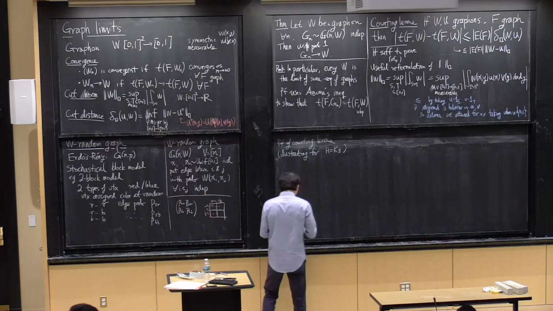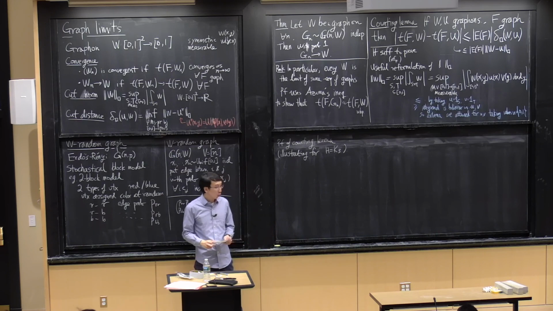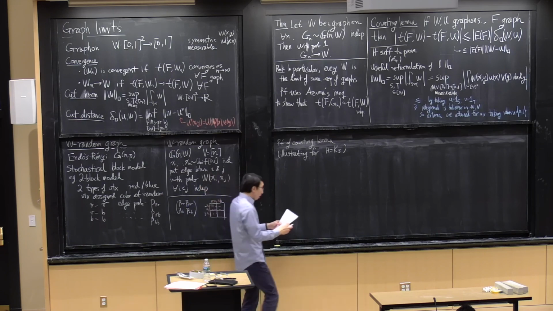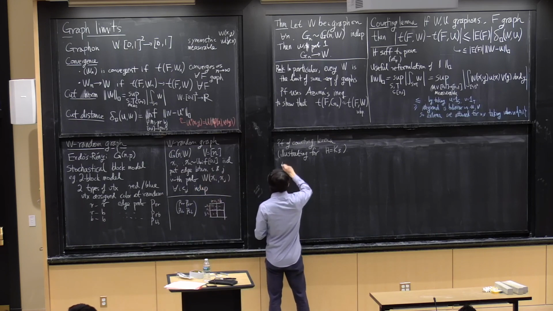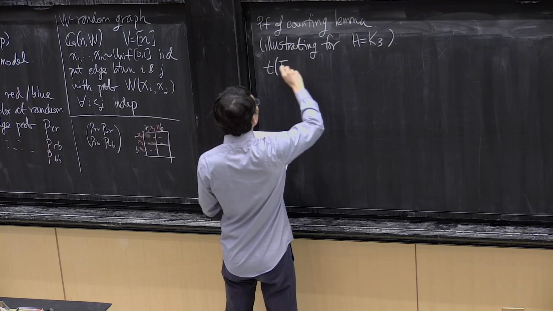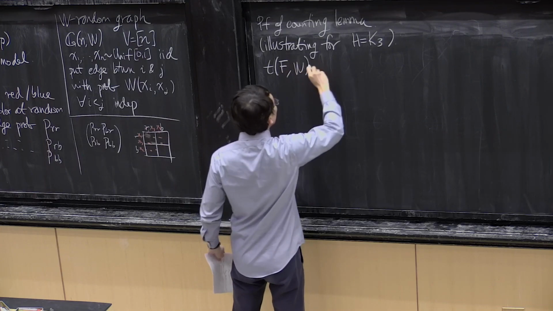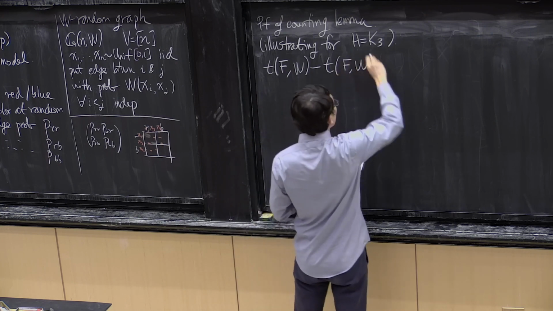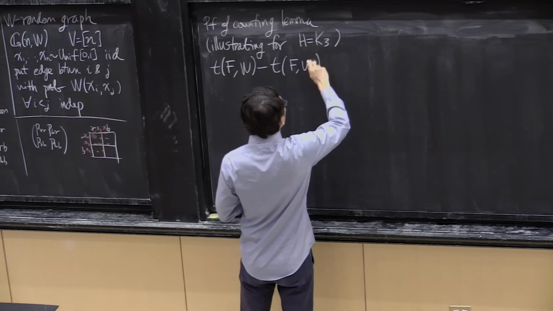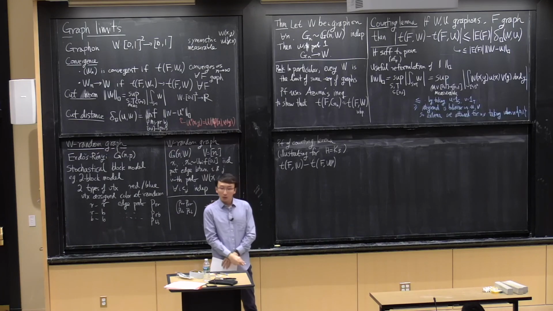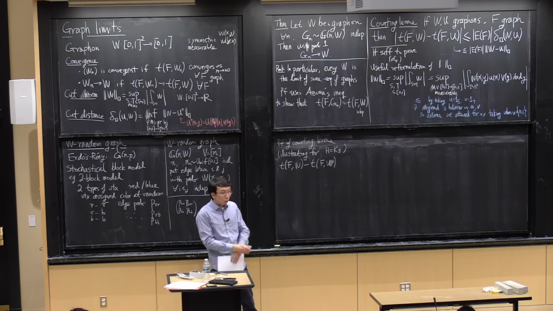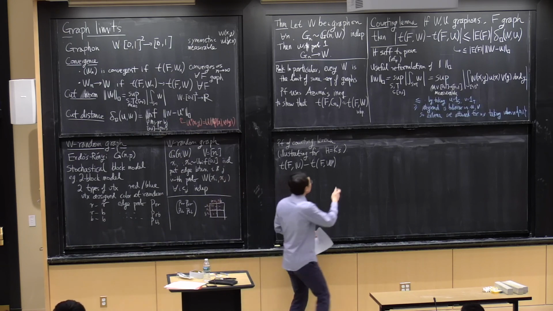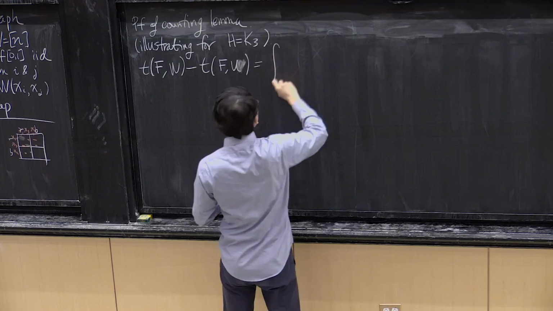The general proof is the same once you understand how this argument works. The argument works by considering the difference between these two F densities. So this is some integral, which I'll write out.